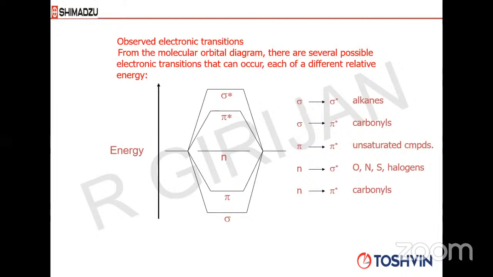Unsaturated compounds, pi to pi star transitions, are very easy for us to record, study and measure. Then n to sigma star transitions for samples containing halogen atoms, oxygen, nitrogen, sulfur, or n to pi star. Again, certain carbonyl compounds can exhibit n to pi star transitions also.